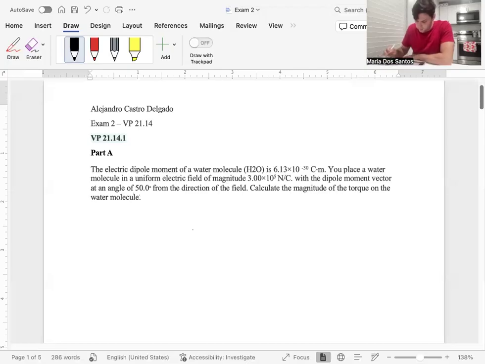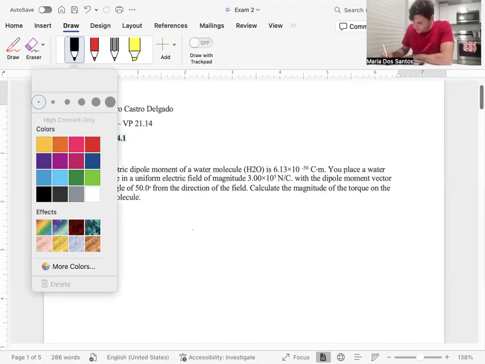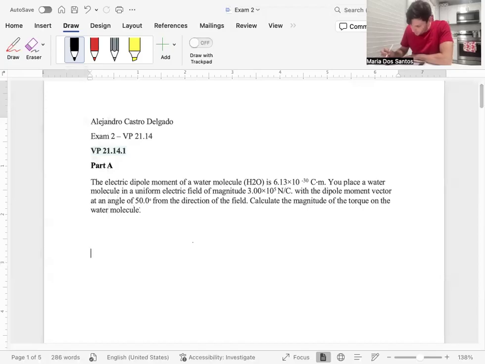Okay, we start. Dipole moment is given to us, and it's 6.13 times 10 to the power of minus 30.